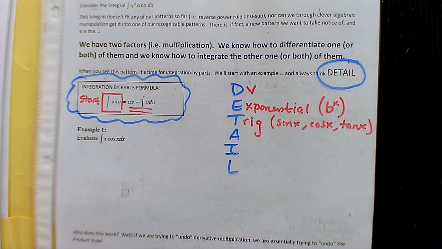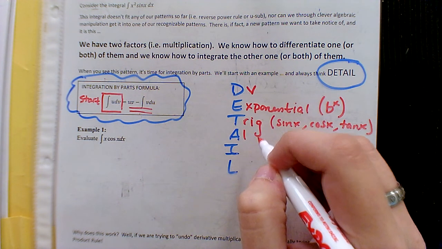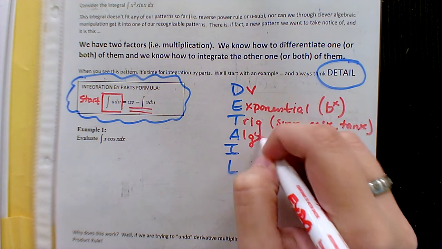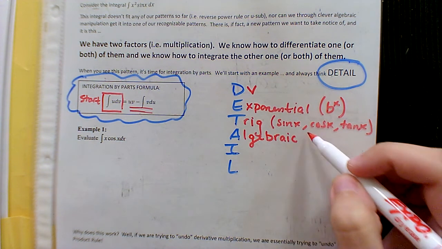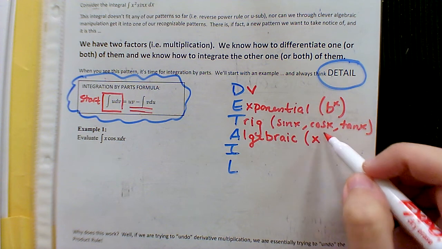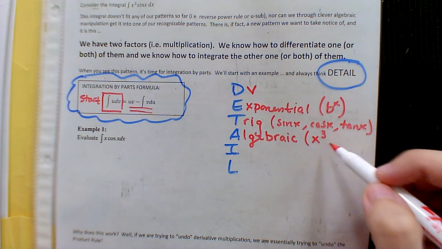What about A? Have you done this before? Yes, you have. Well, not the DETAIL, but you've done integration by parts. Okay, so algebraic, those are your polynomials, x to the third, x to the fourth, x to the fifth, anything like that.